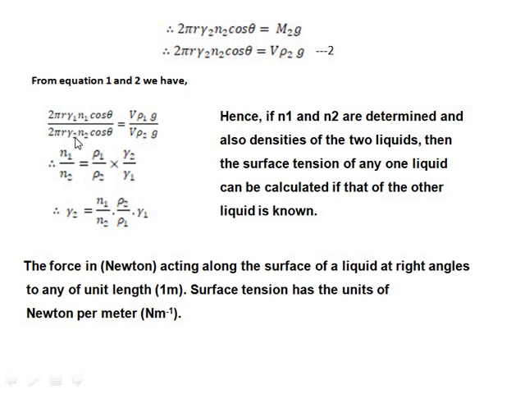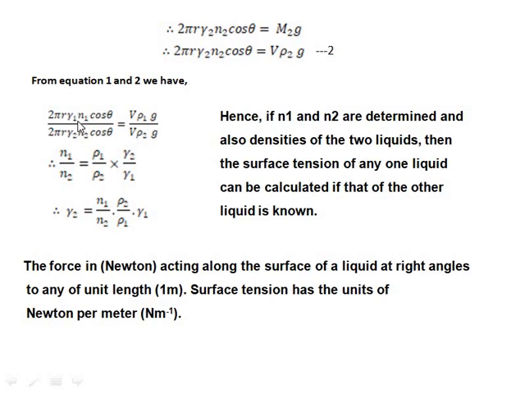So gamma 1 upon gamma 2 is transferred, giving gamma 2 upon gamma 1. Similarly cos theta will be cancelled, V will be cancelled, g will be cancelled, and we get N1 upon N2 equal to rho 1 upon rho 2 into gamma 1 upon gamma 2.